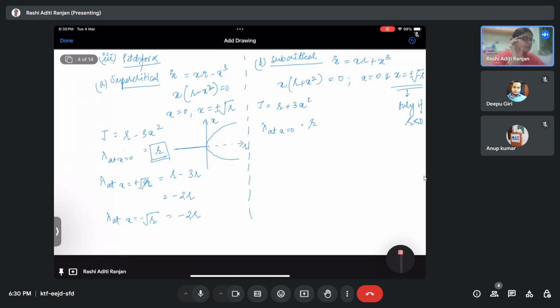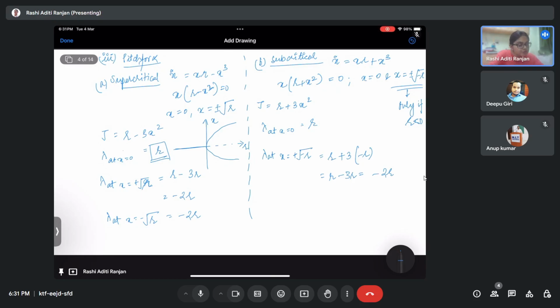So this is what it is going to be for the subcritical case. My eigenvalue is nothing but r for x0, and lambda at plus minus of root minus r is going to be nothing but minus 2r.